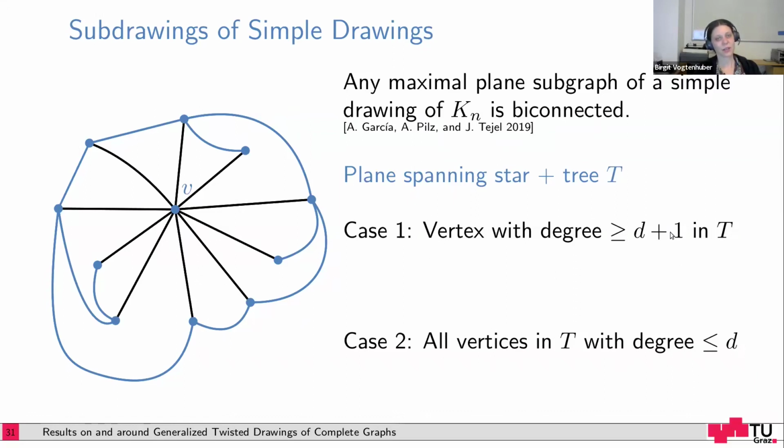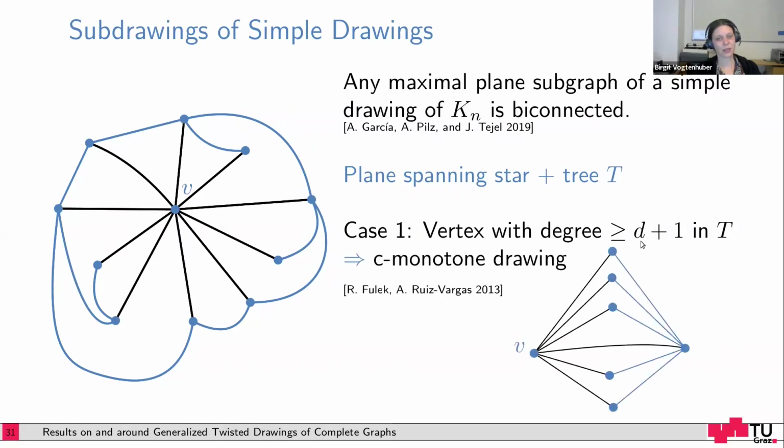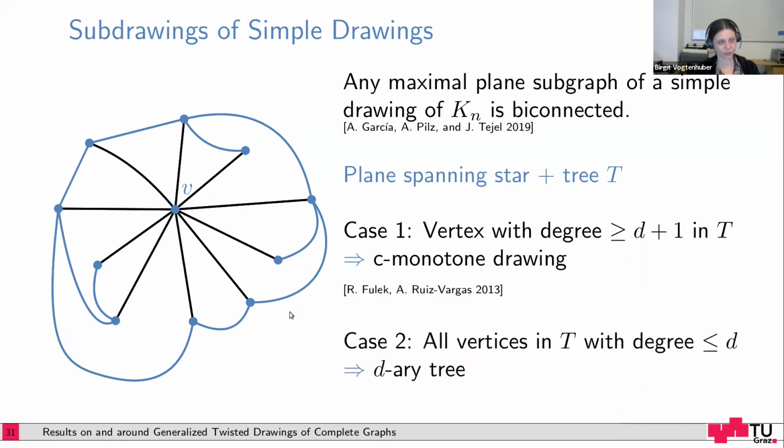And if we have a vertex with degree at least d plus 1, then we get a K_{2,d} in this form, and this K_{2,d} in this form gives us a monotone drawing on d by Ramos and Aichholzer et al.